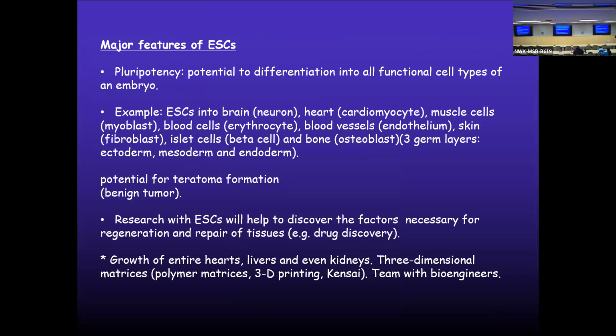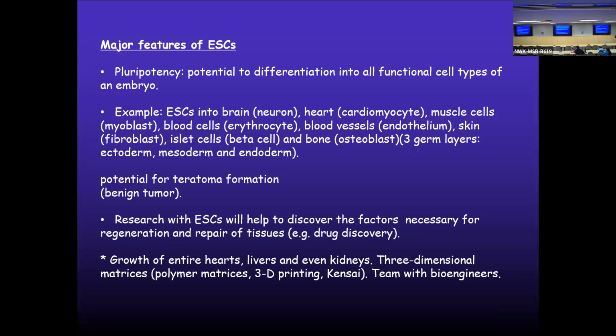Major features of the ESCs. They are pluripotent, with potential to differentiate into all functional cell types of an embryo. For example, the ESCs can make a neuron, a cardiac myocyte, a muscle cell, a blood cell, blood vessel endothelium, for example, skin fibroblasts, you name it, okay?